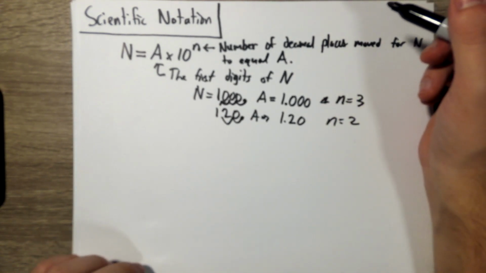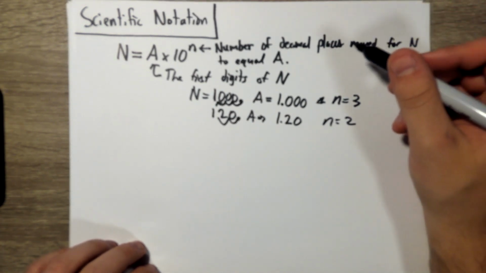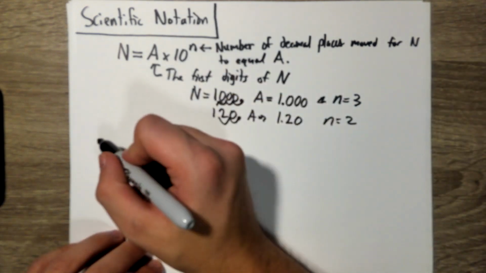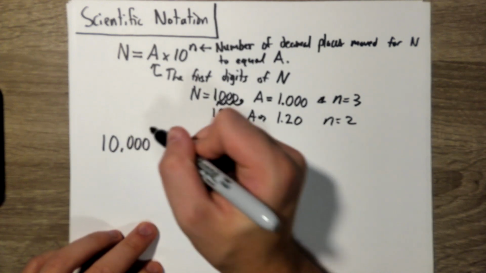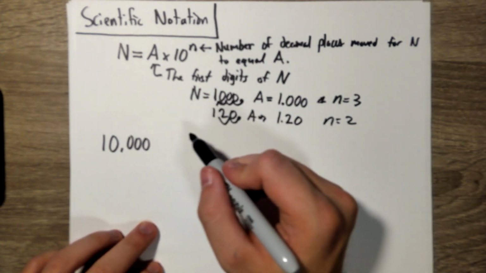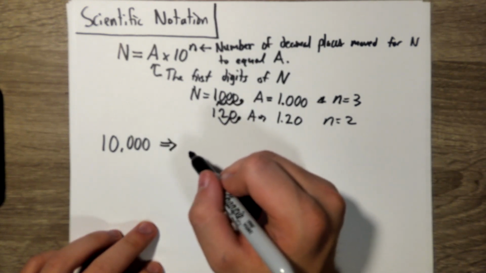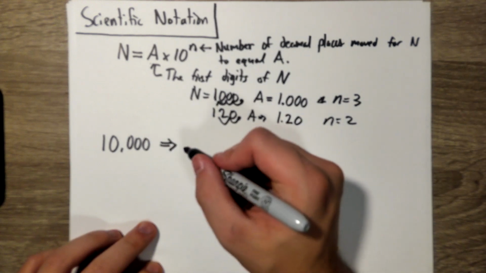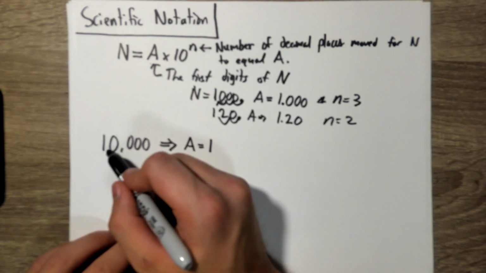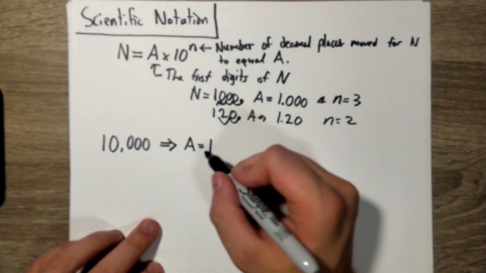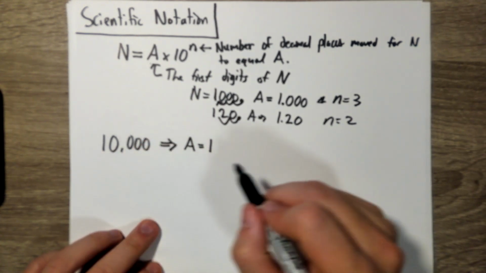Now, I think the best way to learn this and to solidify it in your mind is to just go through some examples. So let's say that we have a number 10,000. How can we write this in scientific notation? First, we can find the individual numbers A and lowercase n. So A is, we look at the first digit and we have a bunch of zeros after, so then we can write it just simply as 1 by putting the decimal point after the first number.